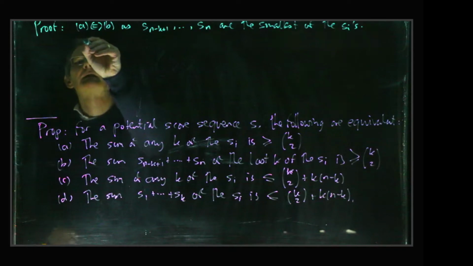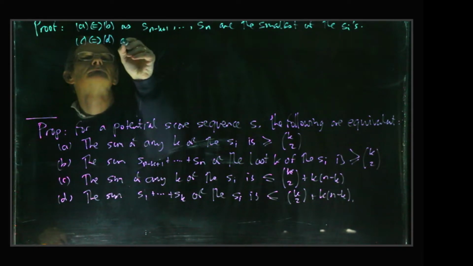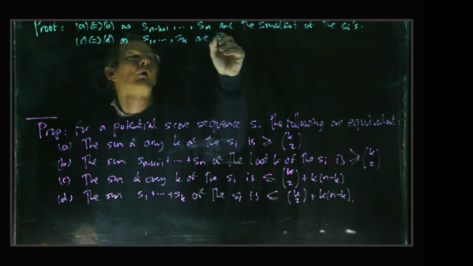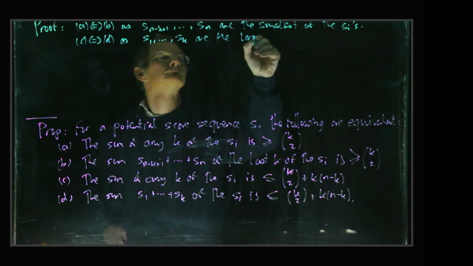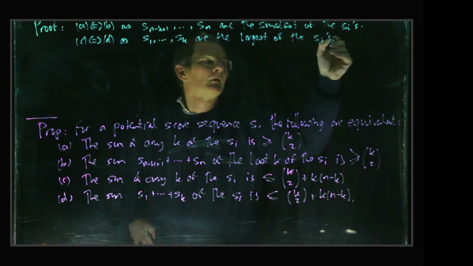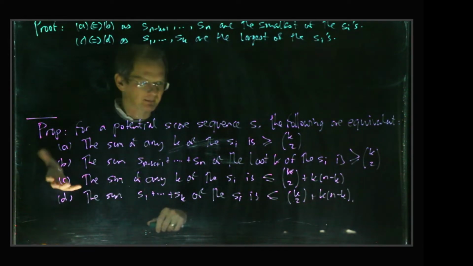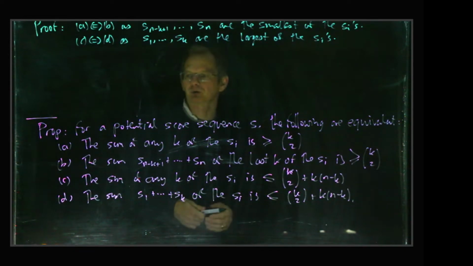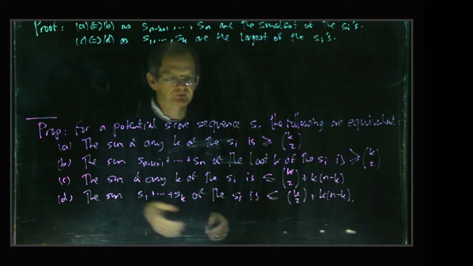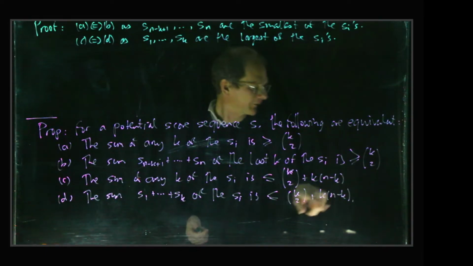And similarly, C is equivalent to D. The first k SIs are the largest ones. So certainly, C implies D, because D is just a special case of C. But if D holds, that means the sum of the largest k of the SIs is less than or equal to this bound here.